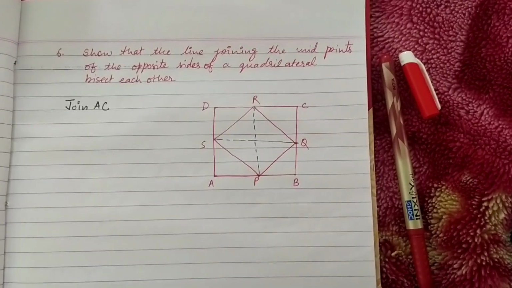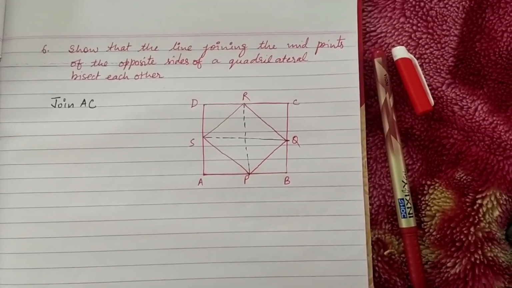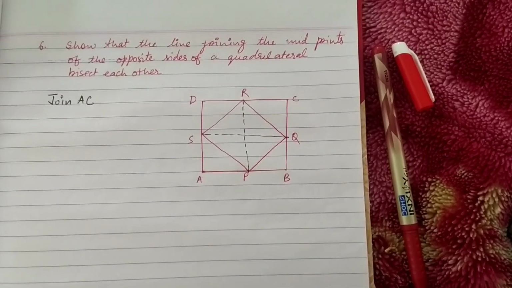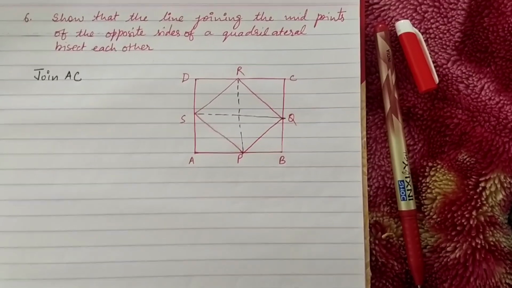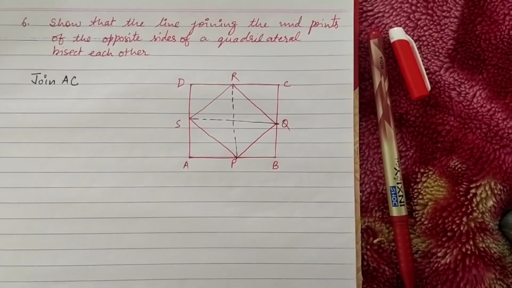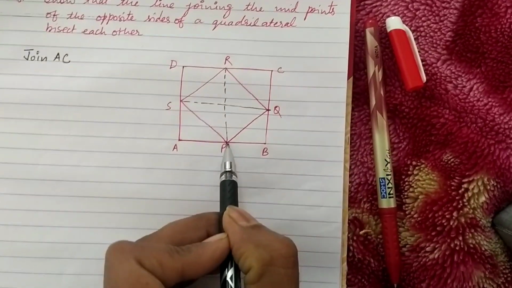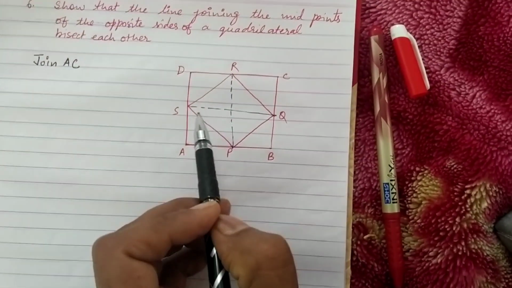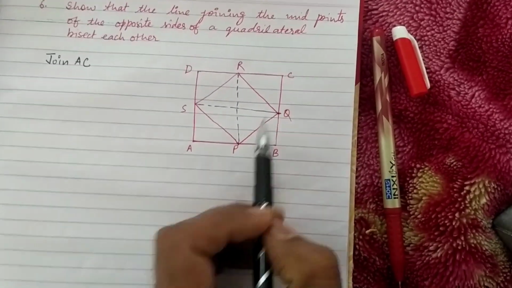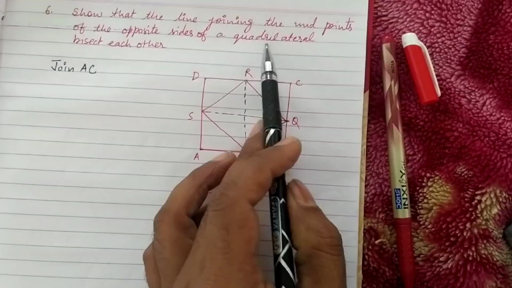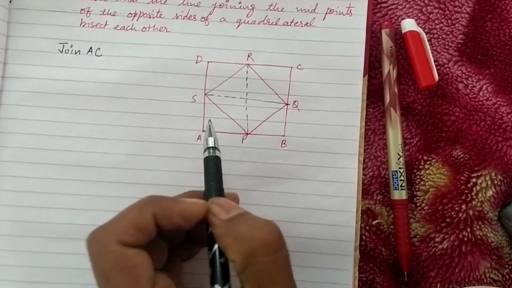Now come to the next problem. Prove that the line joining the midpoints of opposite sides of a quadrilateral bisect each other. Very good problem. So you will draw a figure.